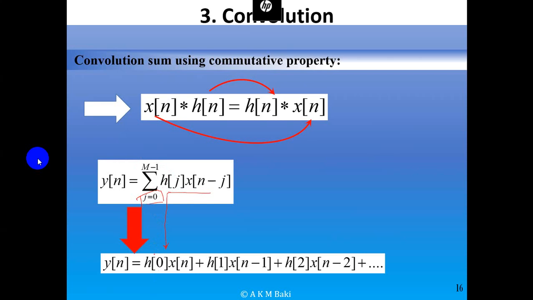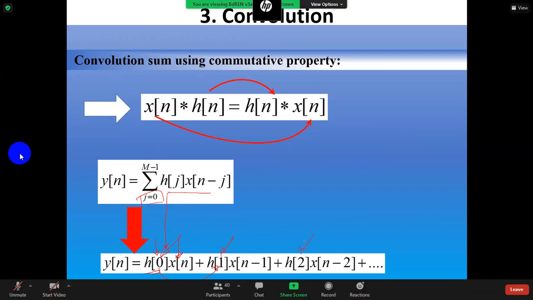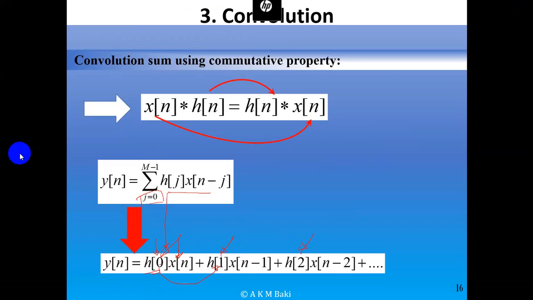The first term is the product of h of 0, the first sample of the impulse response, and x of n, then incremental values. In the case of the samples of the impulse response, you can see the values are in ascending or incremental form: 0, 1, 2, 3, and so on.